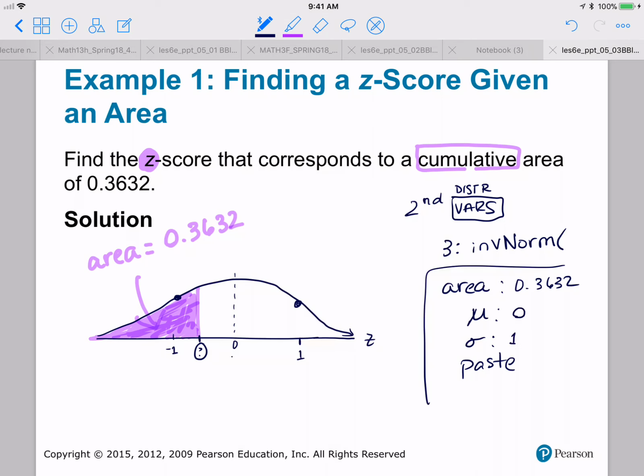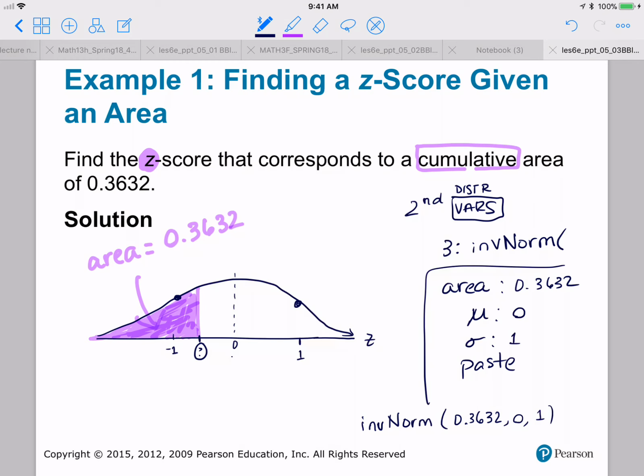The standard deviation is 1. Click paste. Click enter. Up will pop inverse norm. Why does this happen? This happens because the calculator is giving you one last opportunity to verify that you've entered exactly what you want to compute. This is for the newer TI-84s.